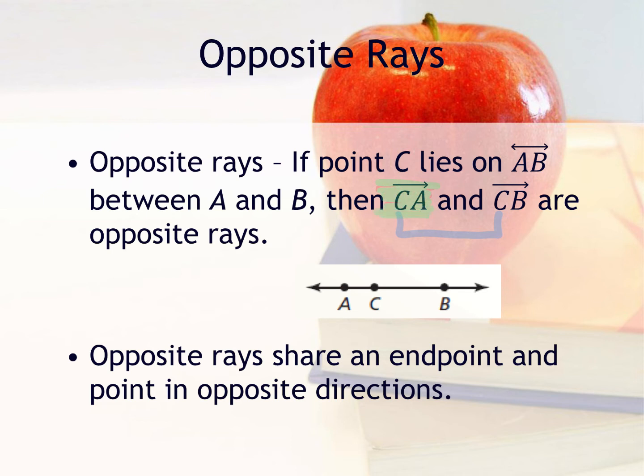For CA, it starts at C and then it points in the direction of A. For CB, this one's going to start at C and then go in the direction of B. Notice they both start at the same point. They have the same endpoint, but then they point in opposite directions. And these are called opposite rays.